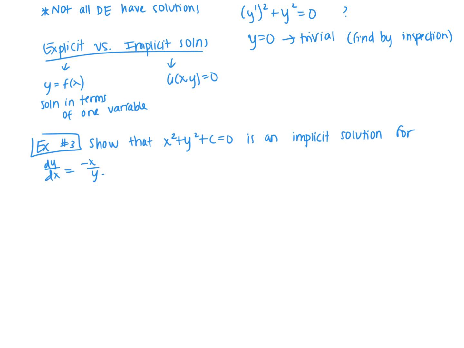So what we have to do is find dy/dx and make sure that we get what the equation is. So we're going to have to do some implicit differentiation on this equation I gave you. You're going to take the derivative with respect to x on both sides of the equation.